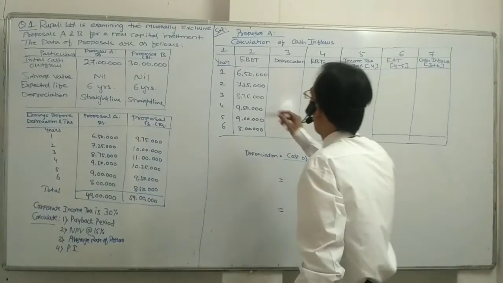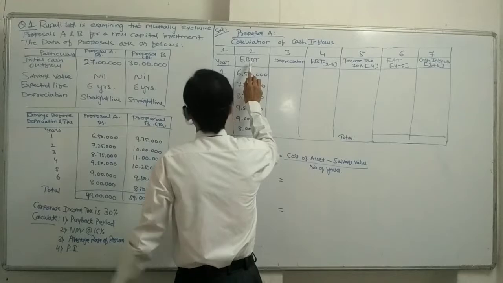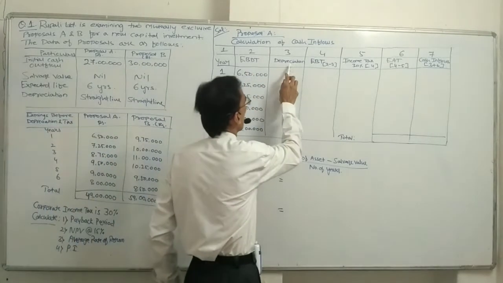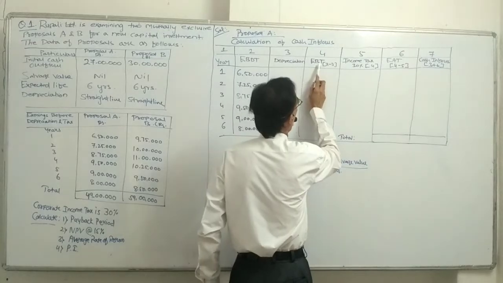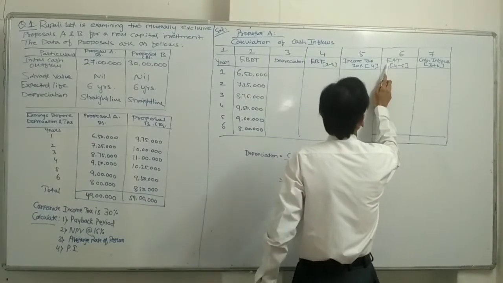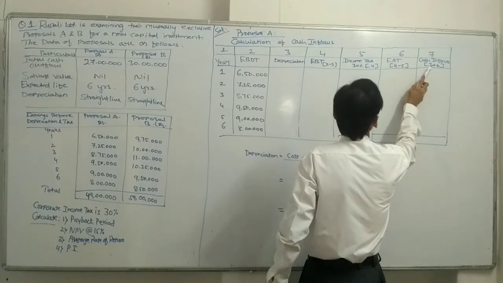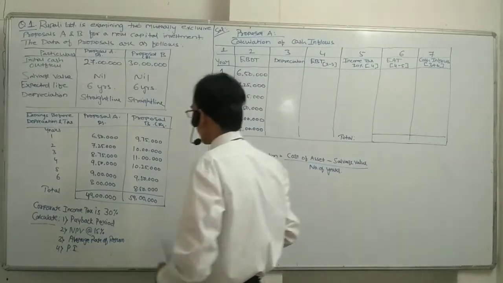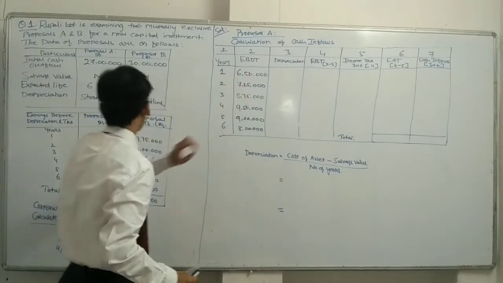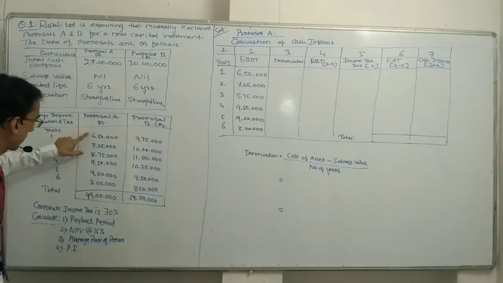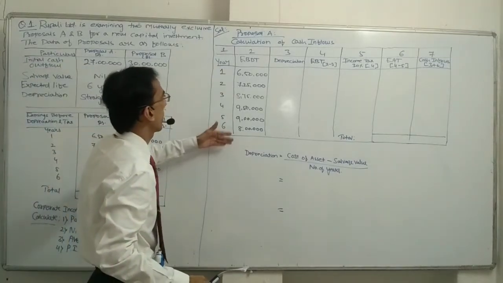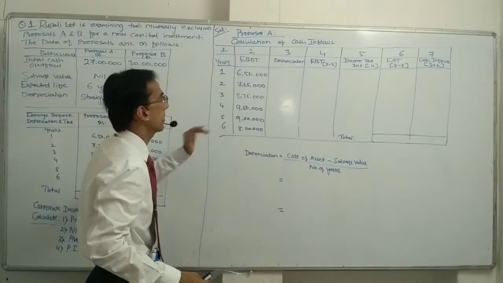The columns are year, earnings before depreciation and tax given in the problem, depreciation, earning before tax, income tax 30%, earning after taxes and cash inflow is our result. First, we start with earning before depreciation and tax that is given in the problem. We need to write all earning before depreciation and tax for 6 years.